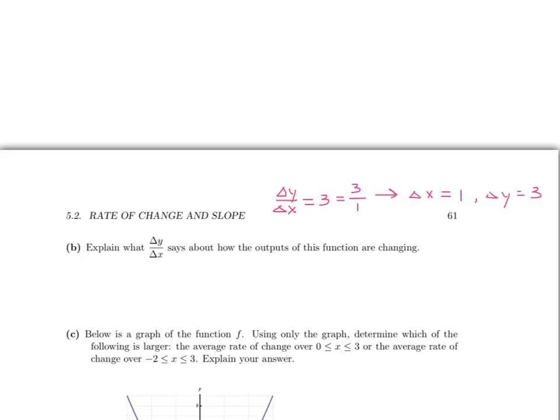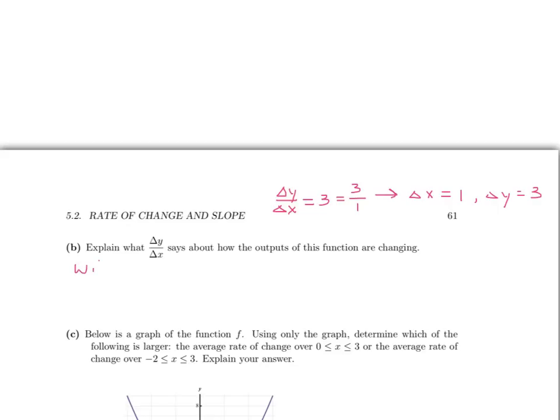Remember, that word average is important here because we don't know if y really always increases by 3 units. It may just be an average. Now this increase in x by 1 unit, this is as long as x stays within the range 0 to 3 that we were given in the last part. So let's go ahead and write this down.